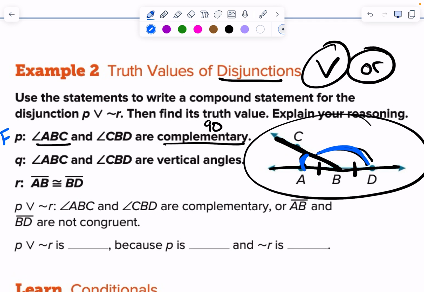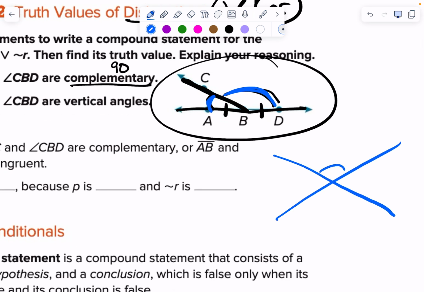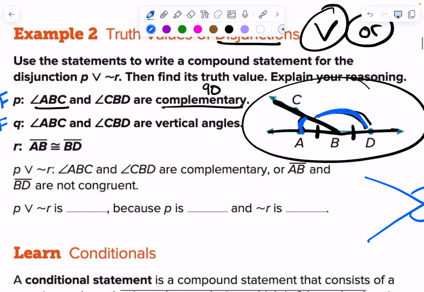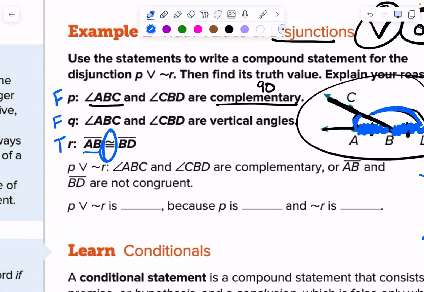True? What's vertical angles? They're across from each other, like this. So Q is also false. Is it true that AB, this segment right here, and BD, this segment right here, are congruent? That is true. So P is false, Q is false, R is true. Got it?